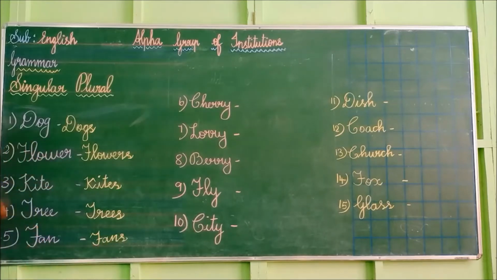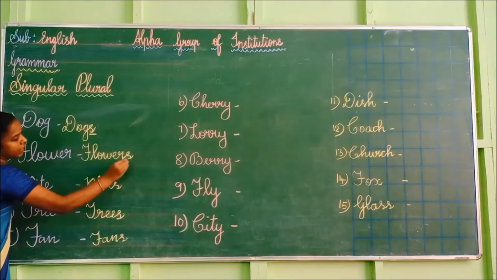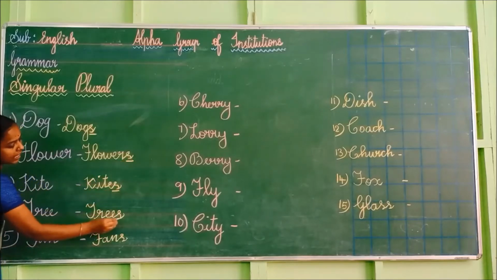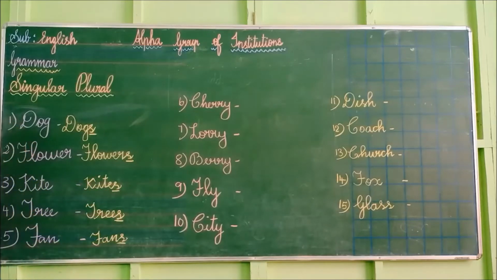The plural form of fan is fans. Dog, dogs. Flower, flowers. Kite, kites. Tree, trees. Fan, fans. So for the regular noun, what do you have to do? You have to simply add S to the singular noun to change it into plural.